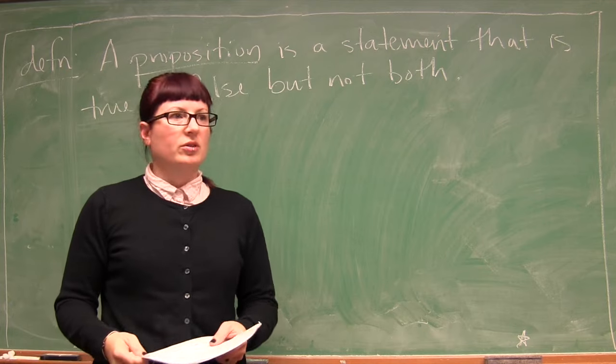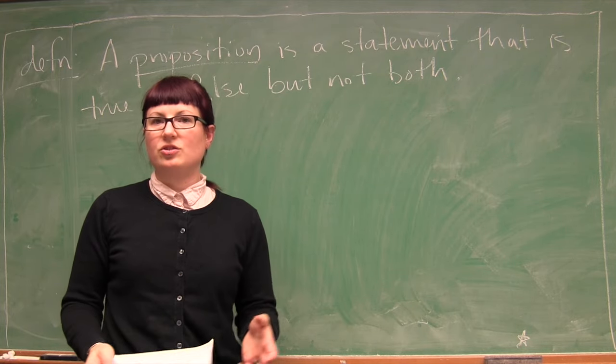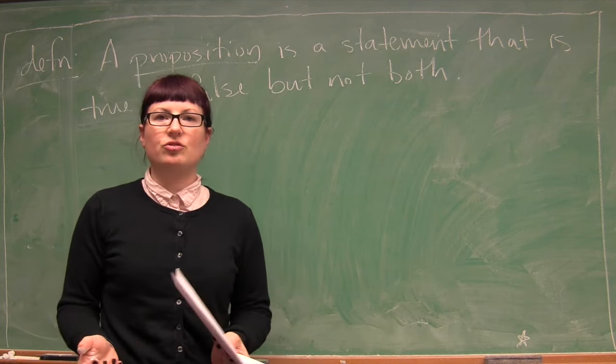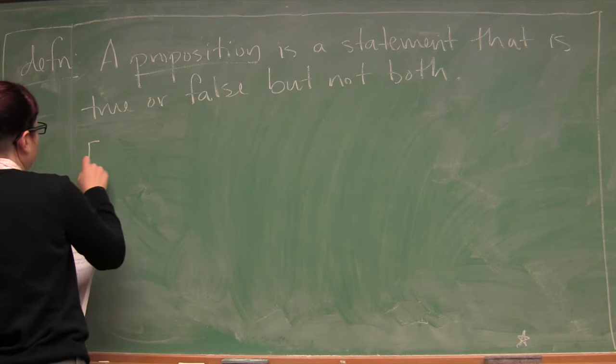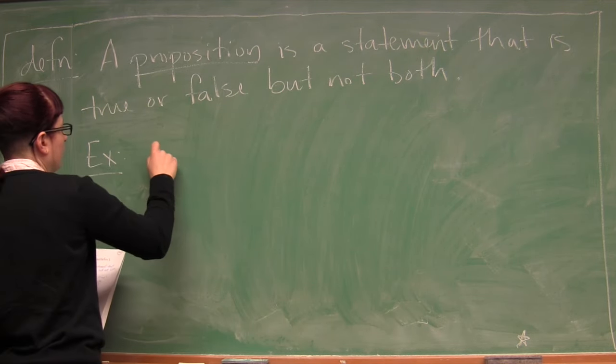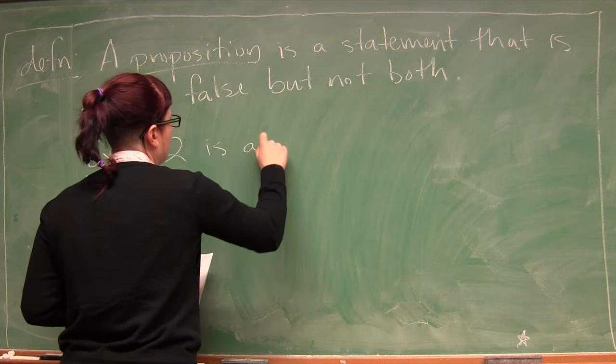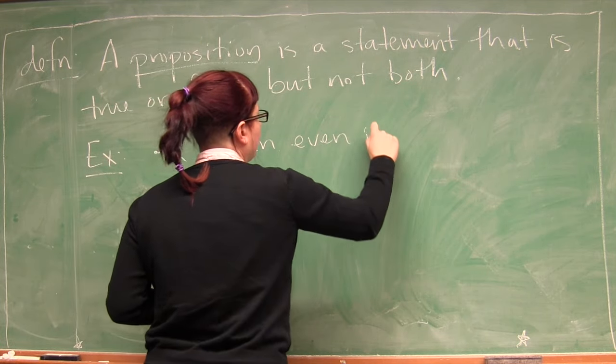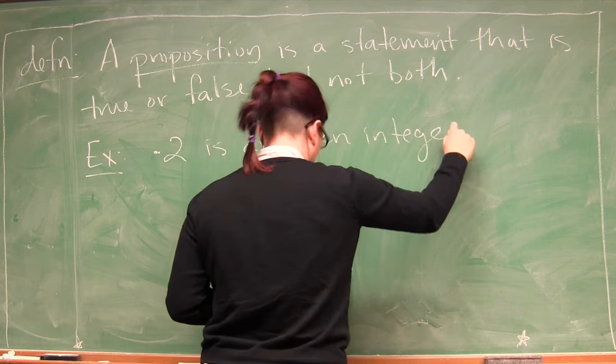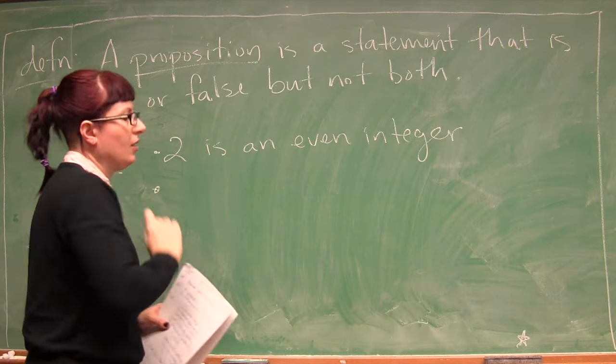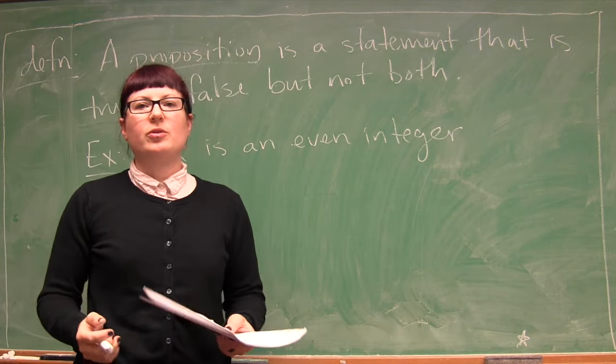So some examples: 2 is an even integer. That's a proposition because that's a true statement. The Cleveland Browns won the Super Bowl in 2010.